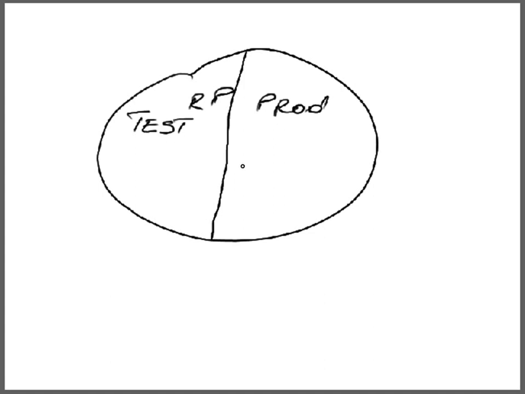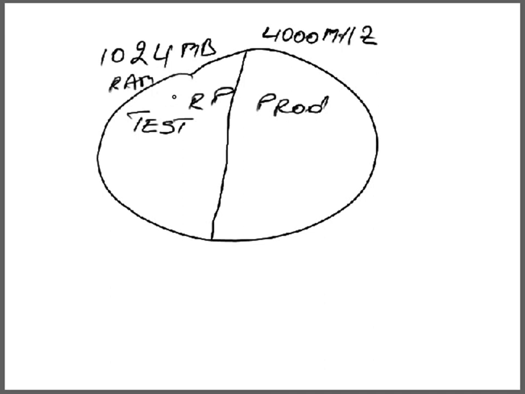So this is our ESX resource pool, and the resource pool here, let's assume, is made up of a 4 gigahertz CPU, which translates into 4,000 megahertz, and let's assume we have 1 gig of memory, which translates into 1024 megabytes. So what we have to divvy up is 4,000 megahertz and 1024 megabytes of RAM. This is our resource pool.